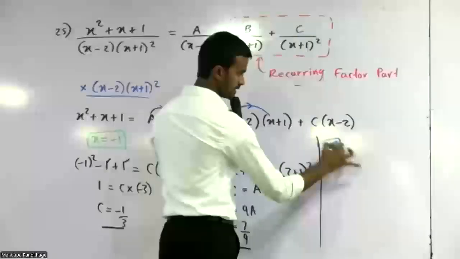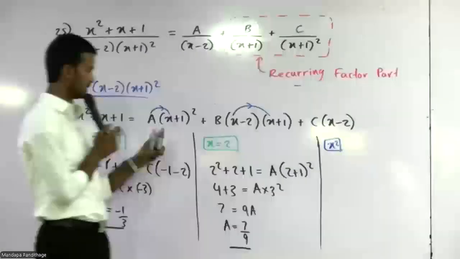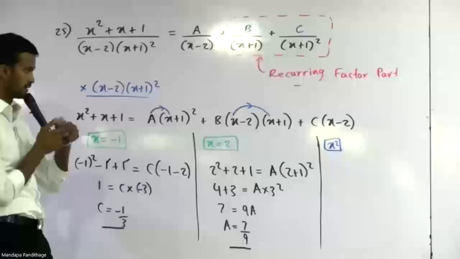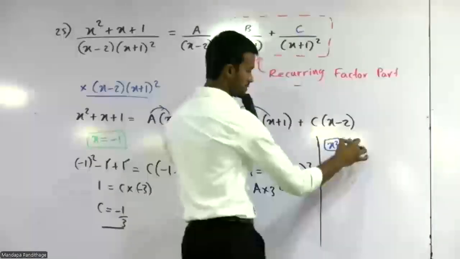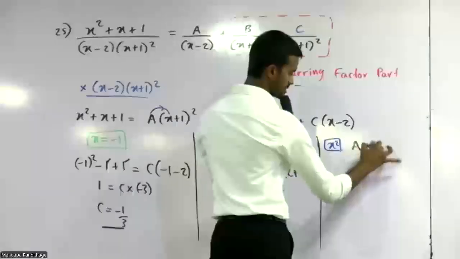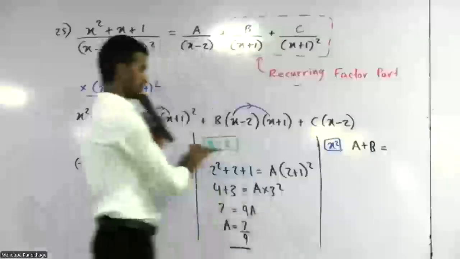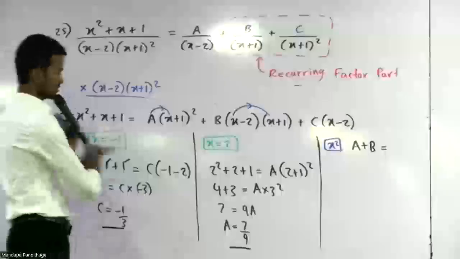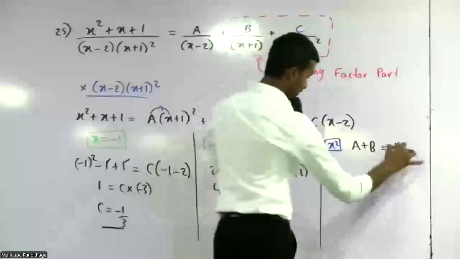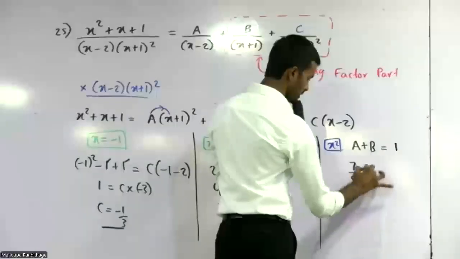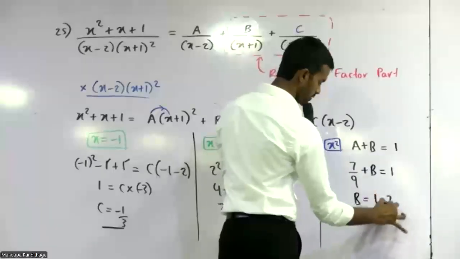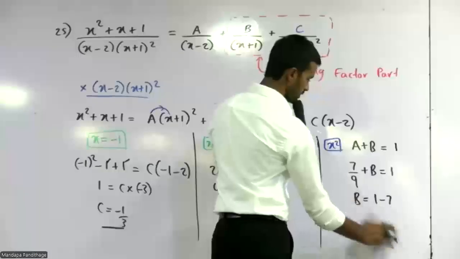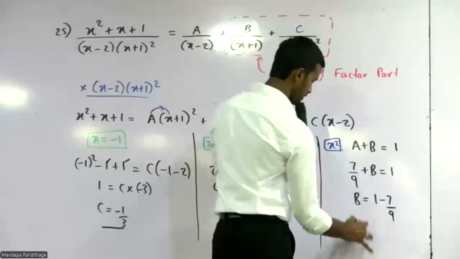So it's a plus b, equal to 1. Clear? I know a is 7 over 9, which gives me b is 1 minus 7 over 9. And what is b? It's 2 over 9.